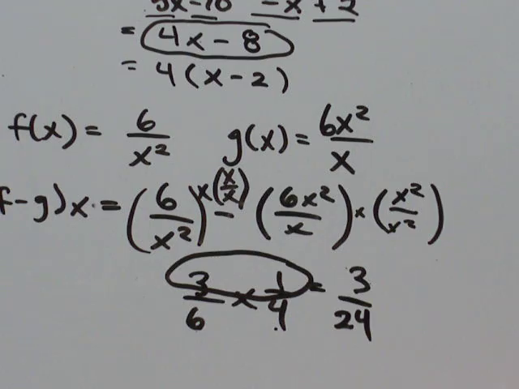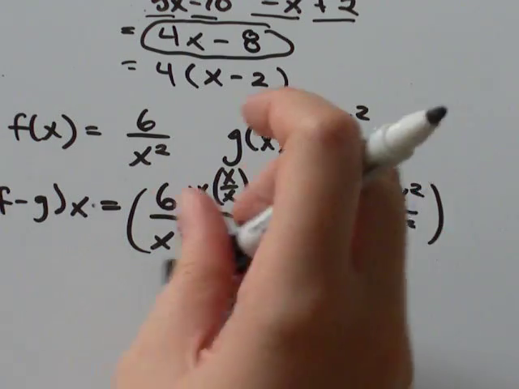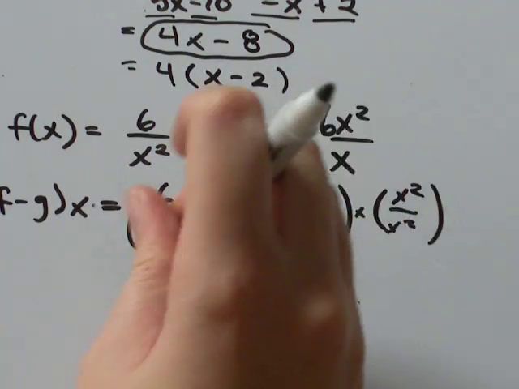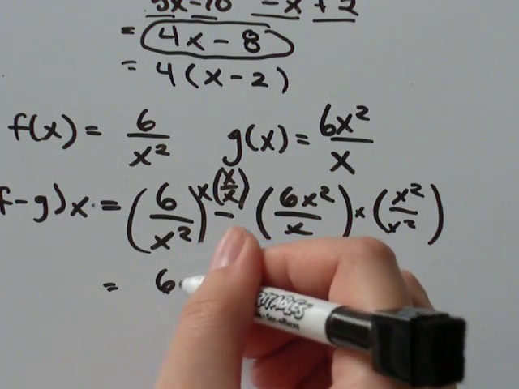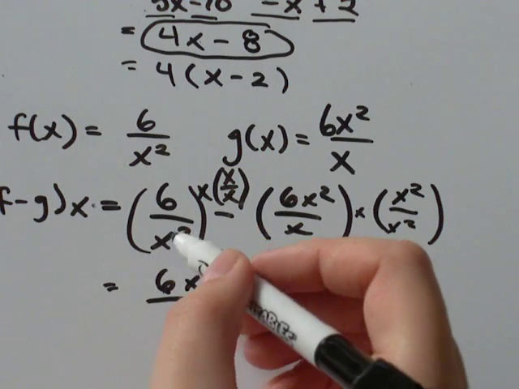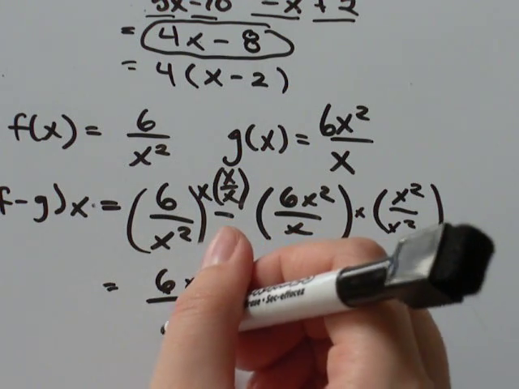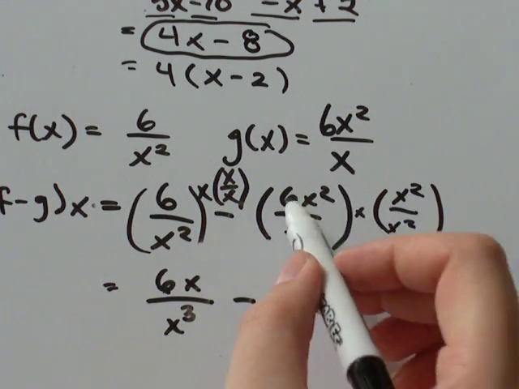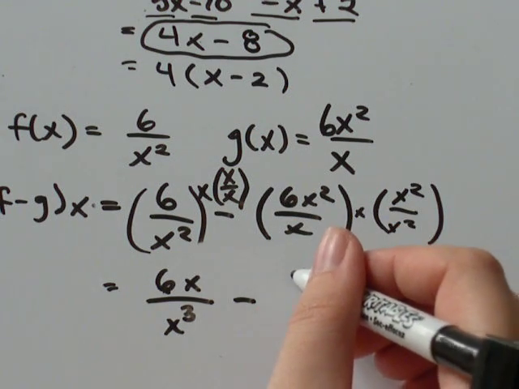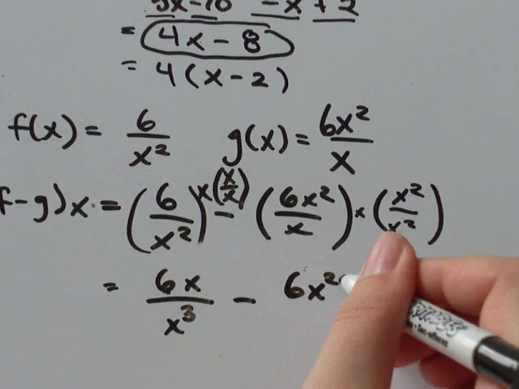So when you multiply fractions, multiply the stuff on the top, and multiply the stuff on the bottom. So I've got 6 times x on the top, that's just 6x, and on the bottom I've got x squared times x, that would be x cubed.